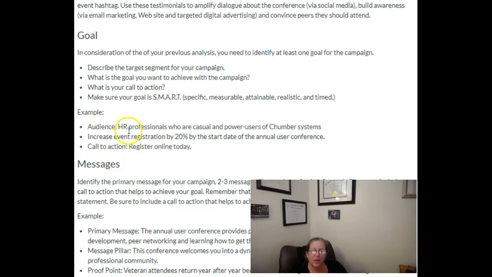And they've given you some examples here. So if your audience was HR professionals who are casual and power users of Chumber systems, increase event registration by 20% by the start date of the annual user conference. So your goal is to increase the event registration by 20%.